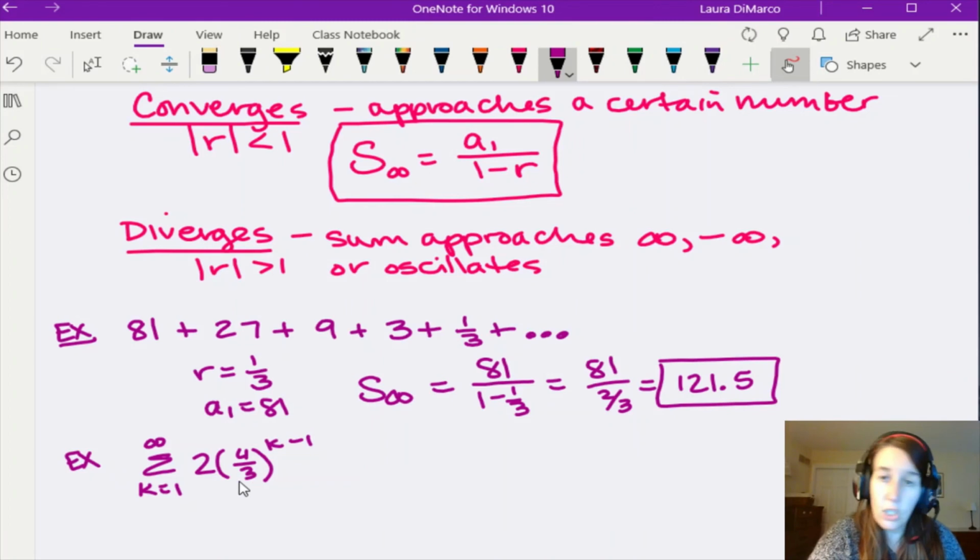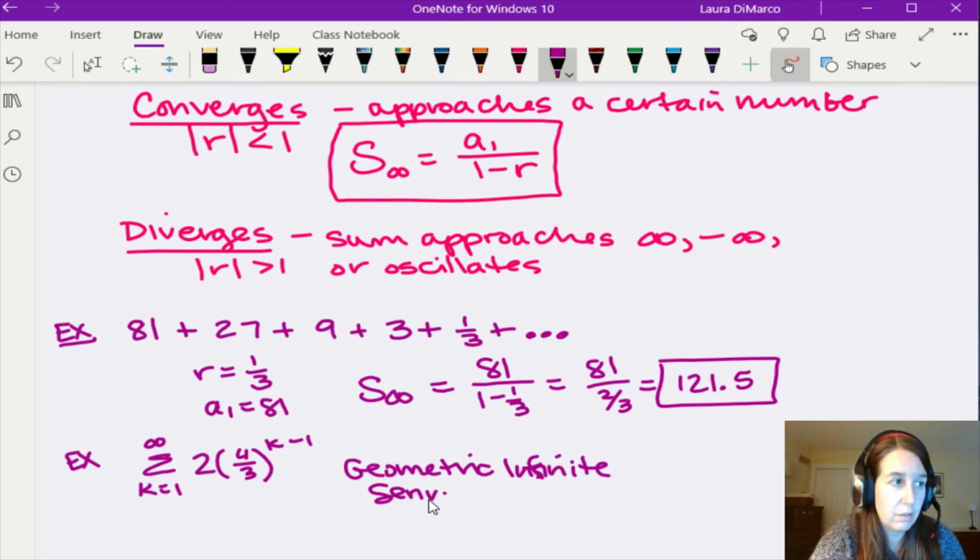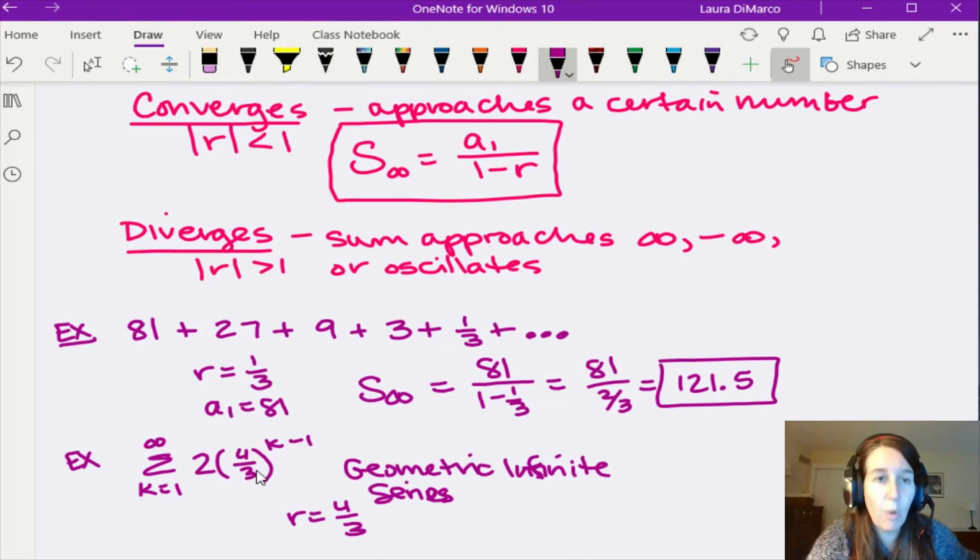Notice that it is a geometric infinite series, okay, because it does fit the pattern. However, because the r value is 4/3, that's greater than 1, so this number is just going to be getting bigger and bigger the more numbers that we add on. So we cannot say what number it approaches. So it is called that it diverges.